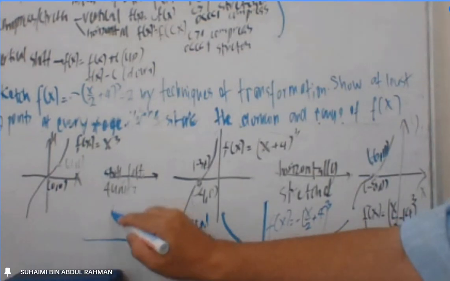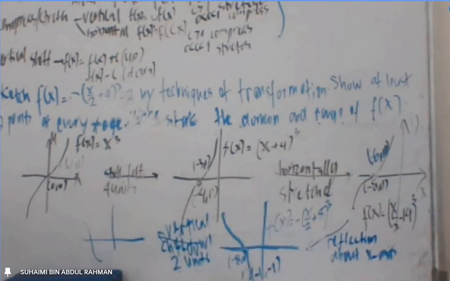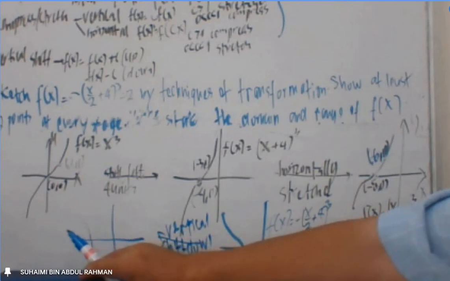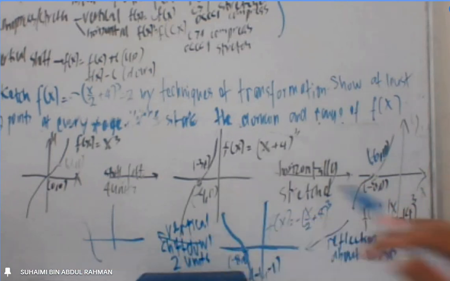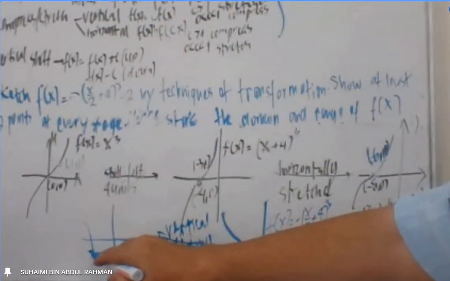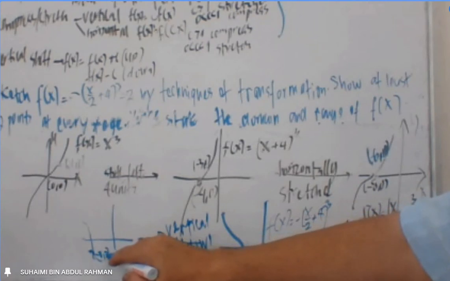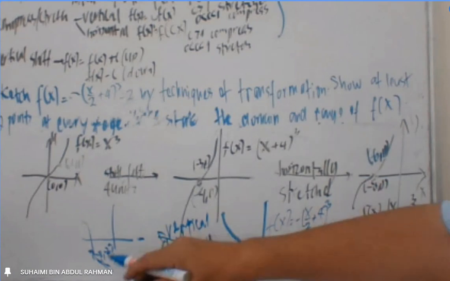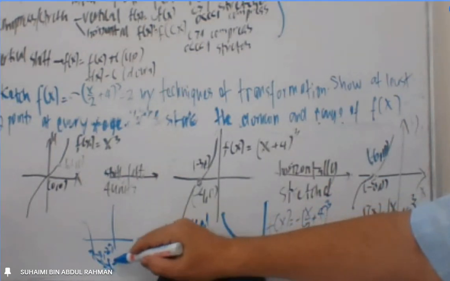So shift it down. So minus 8, 0 will go to the point of minus 8, minus 2. And the point of minus 6, minus 1 will go to minus 6, minus 3.